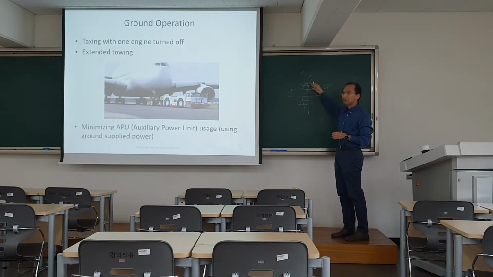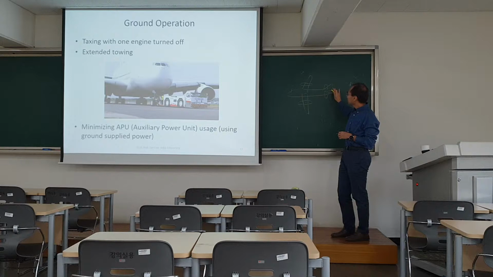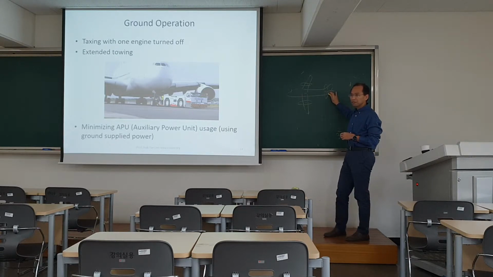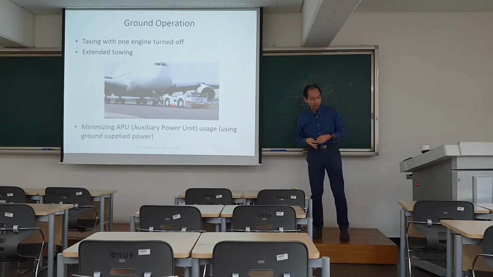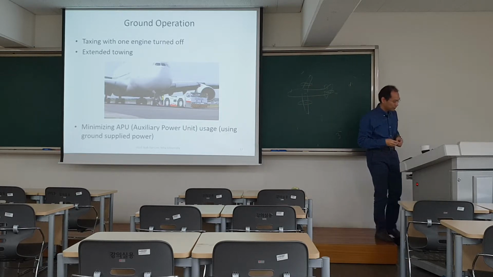However, if they are off, there's another one at the tail. This one consumes fuel, and if you turn this engine on, it will generate only electricity. It will not generate any thrust. So that's called the APU, Auxiliary Power Unit.